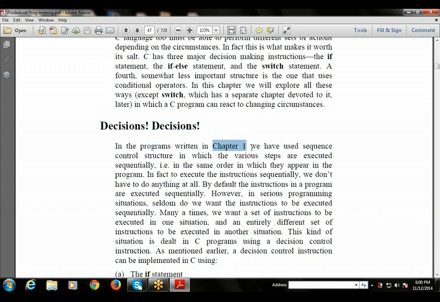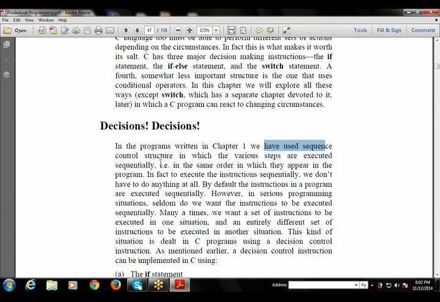In the program written in chapter 1, we have used the sequence control structure in which various steps are executed sequentially, in the same order in which they appear in the program. To execute instructions sequentially, we don't have to do anything at all. By default, instructions are executed sequentially.